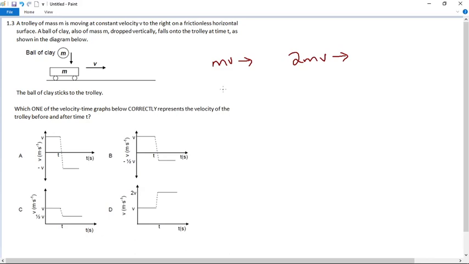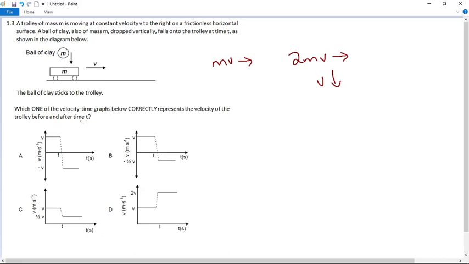And this is important because why? Momentum is a vector. And we've got graphs here. So what do you think will happen if you make the trolley heavier? The chances are that the velocity will decrease the moment you make it heavier, because that's generally what happens.